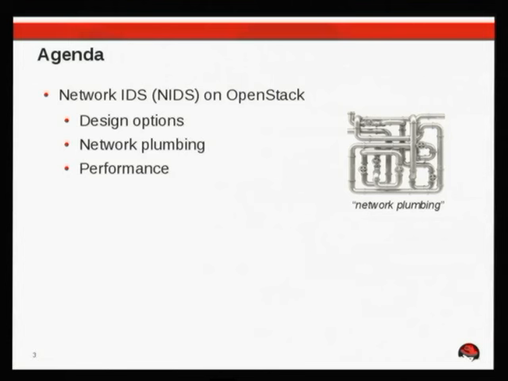There's different use cases. The networking plumbing, which is basically the key to it. I'll talk to you how to set that up. And dive a little bit into the performance. Due to my work with storage, I wasn't able to do a lot of the testing that I wanted to do with scalability, but we do know a lot about how it would be practical to set it up.